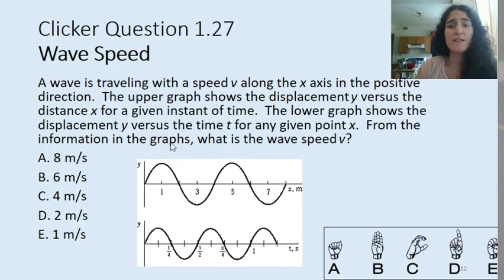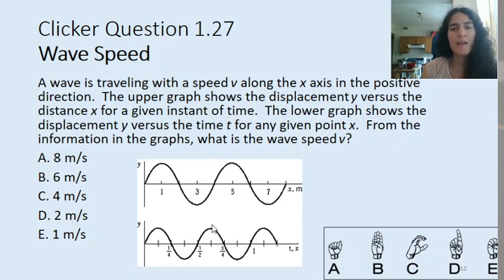Okay, so let's talk about how we would calculate wavelength. Here wavelength would be the distance to go through a full cycle, or to go from peak to peak. Either way, I can tell that the wavelength here is 4 meters. How would I figure out the period? Again, I need to go through a full cycle of oscillation, from peak to peak.